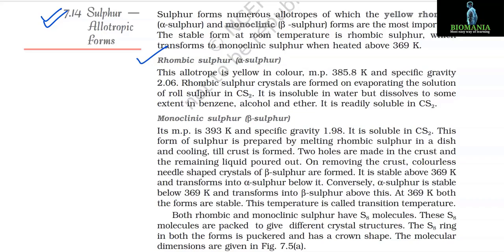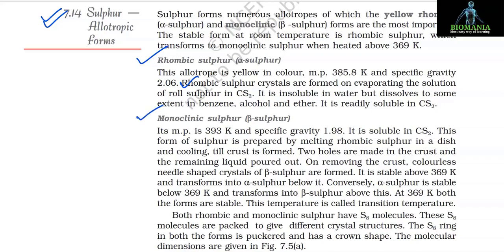This allotrope is yellow in color, melting point is 385.8 Kelvin, and specific gravity is 2.06. Rhombic sulfur crystals are formed on evaporating the solution of roll sulfur in CS2. It is insoluble in water but dissolves to some extent in benzene, alcohol, and ether.